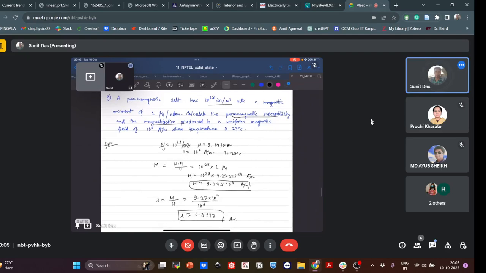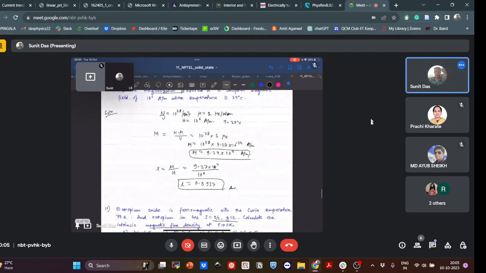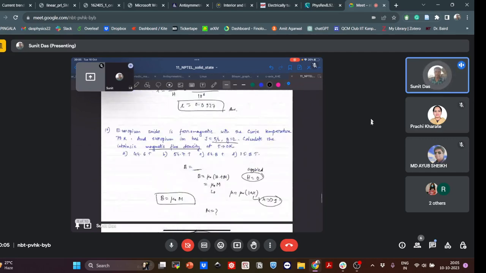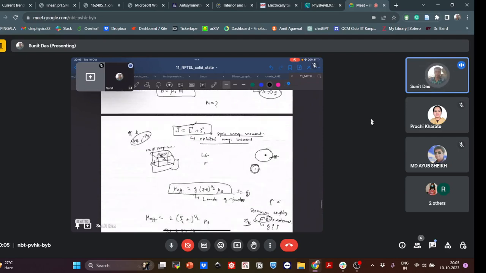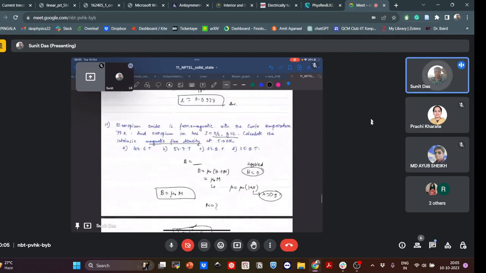I hope you have understood. This is how I would think about this problem, because I think sufficient data is not there. First of all, a ferromagnetic substance would not really have just mu 0.